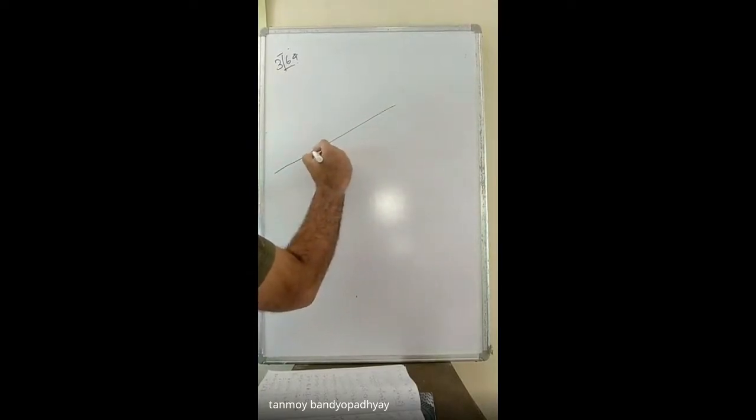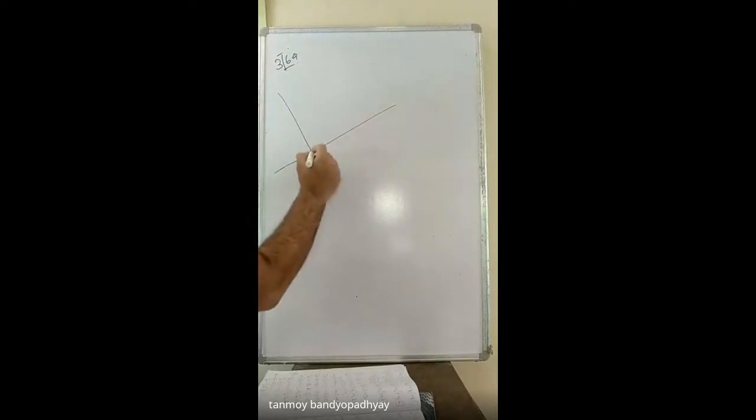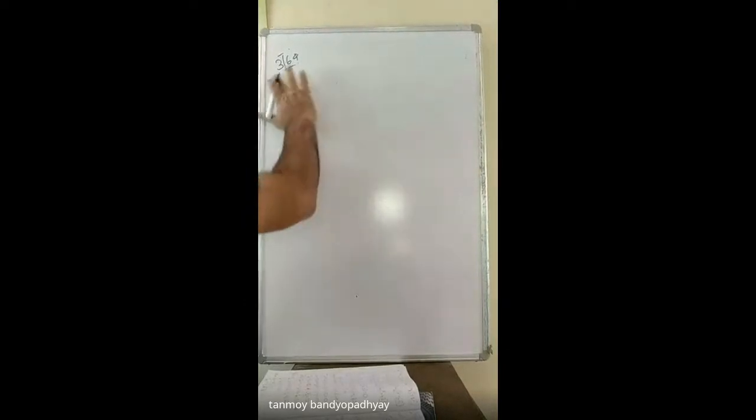This is the point A. So at the point A, there are two strings, I think. So this is a string, and this is another string.